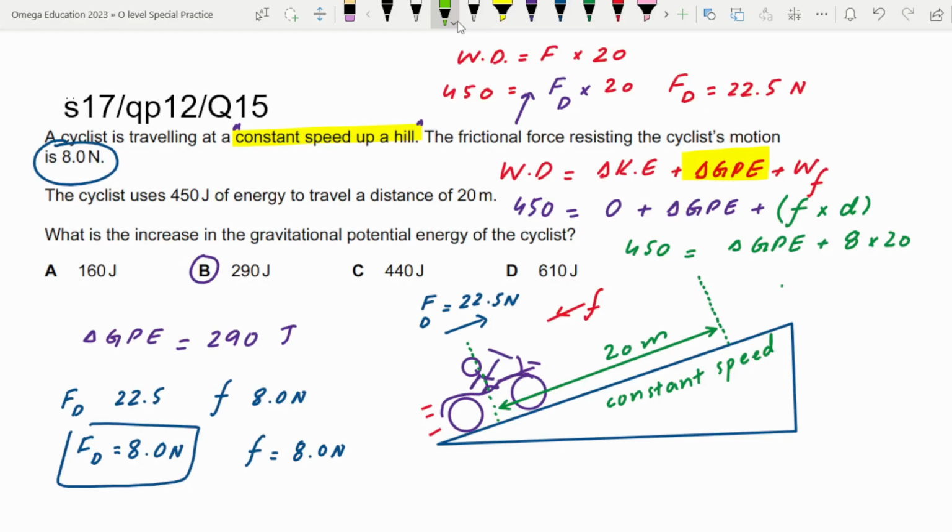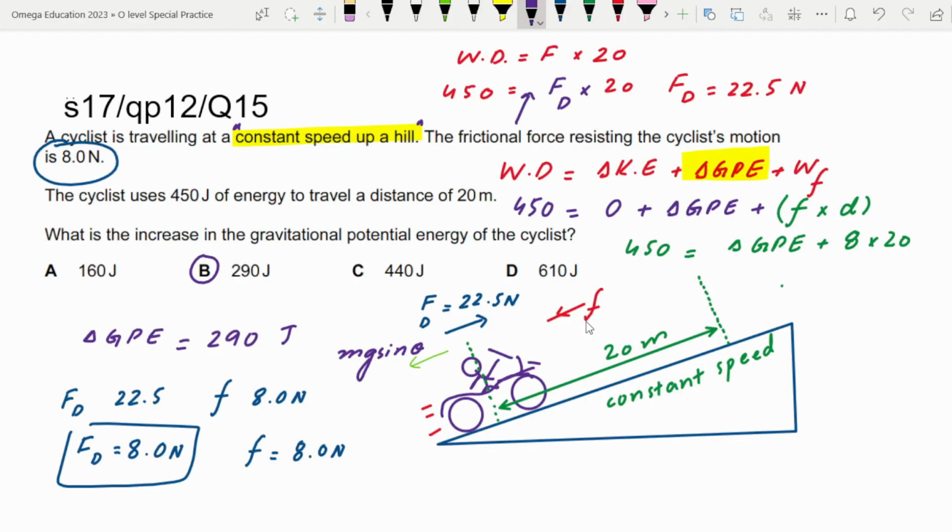Exactly. Excellent. So there was some slope, and the poor cyclist had to compensate for mg sine theta as well. He had to compensate for mg sine theta and for the frictional force, and he needs to apply a force equal to the sum of these two.